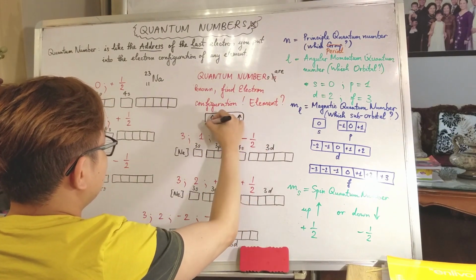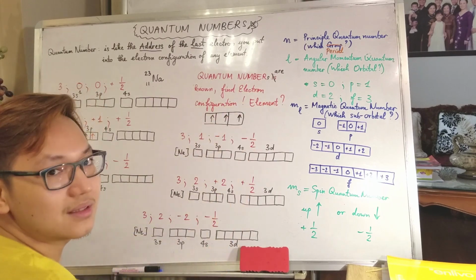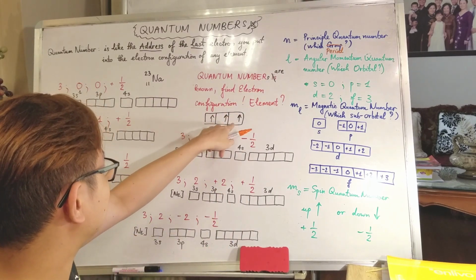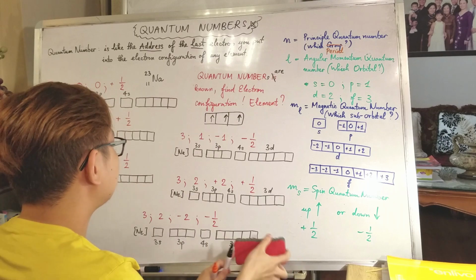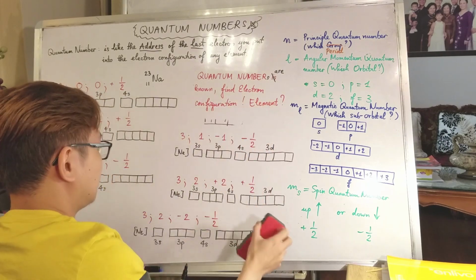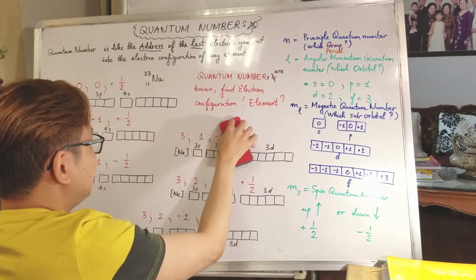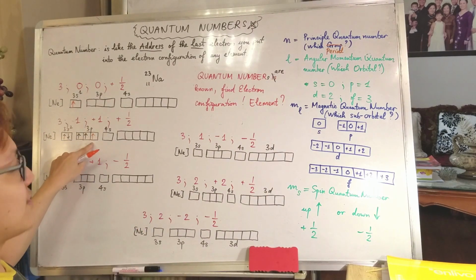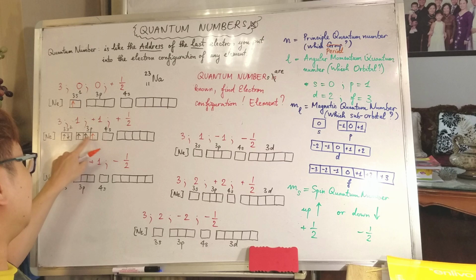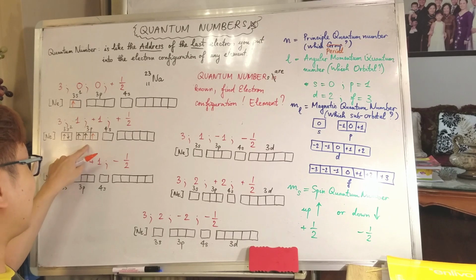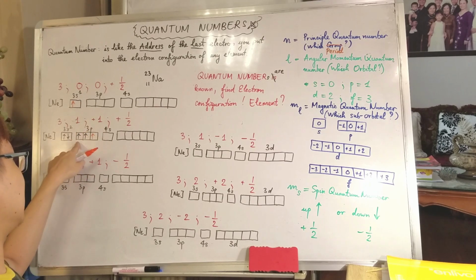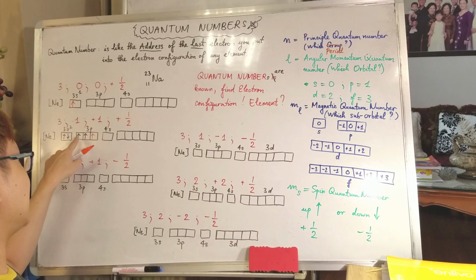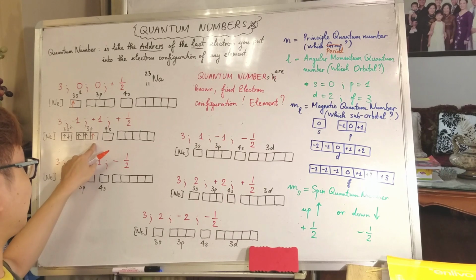You remember? That's according to Hund's rule. Half fill first. Which means that if this square on the right is already filled, these 2 squares have to be already filled before that.